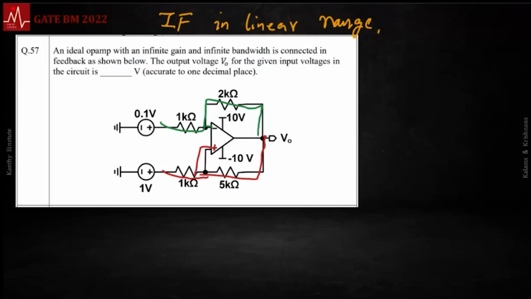If so, let's write down the current laws and all that. Let's say there is one unknown, let's call it V. This is virtually shorted.